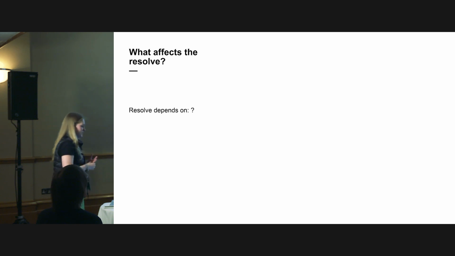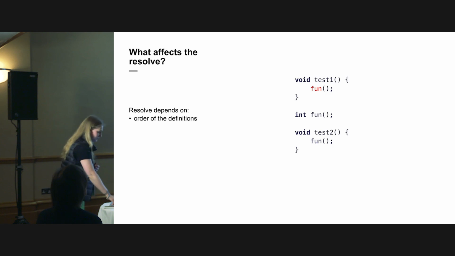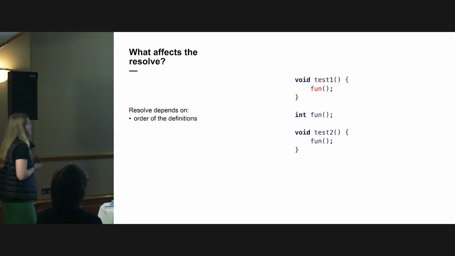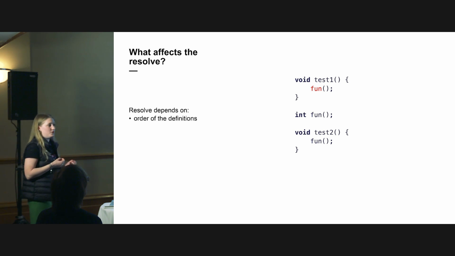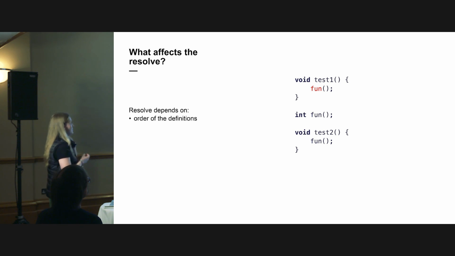If we talk about the actual code result and what it depends on, there are three important things. First of all is the order of definition. In this example it's quite simple: the first function call is not correct, and the second one is okay because I have the declaration here.